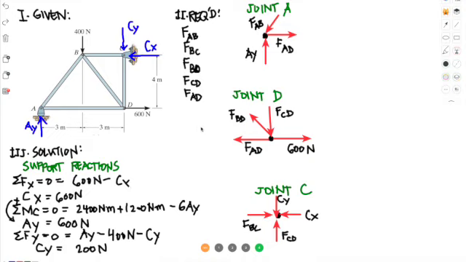Now let's analyze it per joint. So let's go for joint A first. So we found AY here to be, let's erase it and substitute, AY is 600 Newtons. So let's write 600 Newtons here, so that we have two unknowns only. For joint A, let's do the summation of forces that will give us a value.